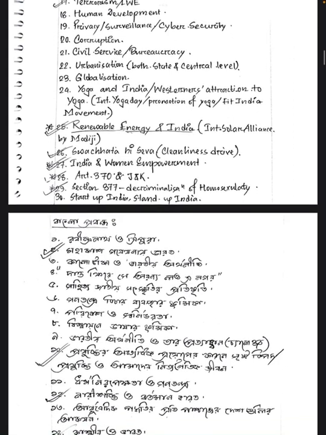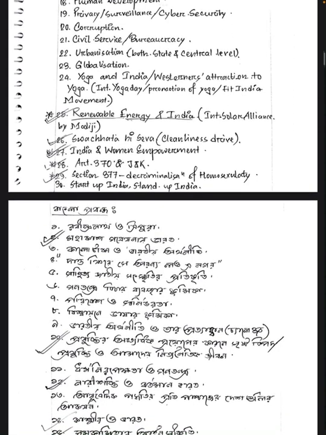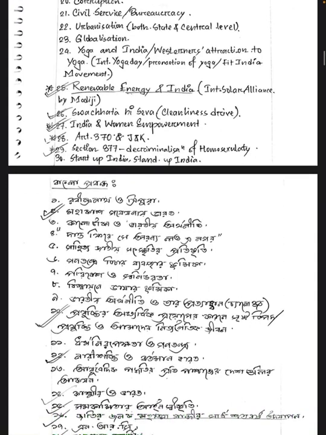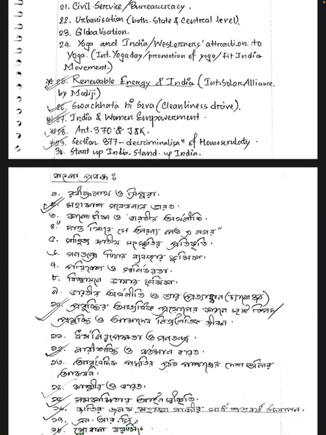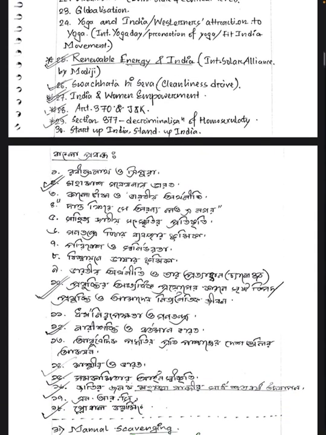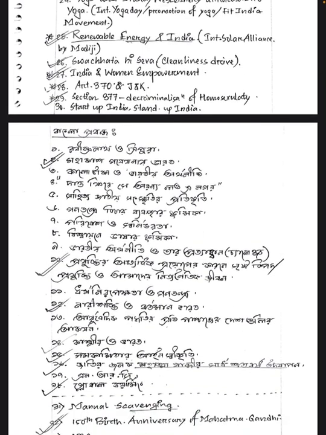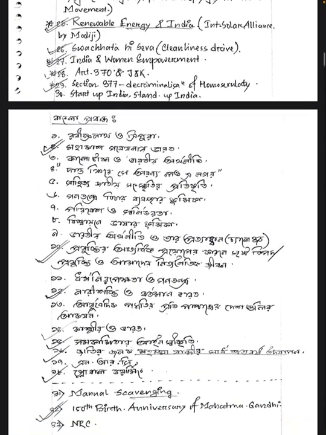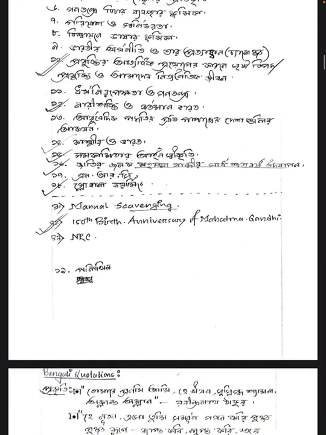Then renewable energy and India, Swachhata Hi Seva, India and women empowerment, Article 370 in Jammu and Kashmir, Section 377, decriminalization of homosexuality, Startup India, Stand Up India, and manual scavenging, 150th birth anniversary of Mahatma Gandhi, NRC.